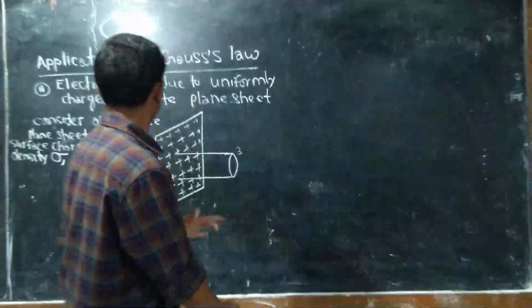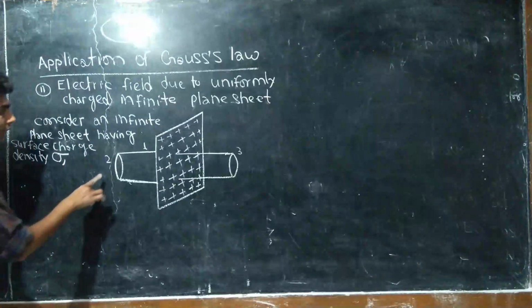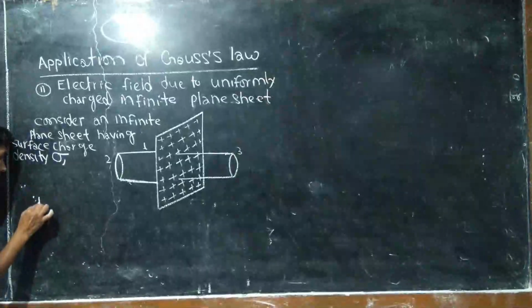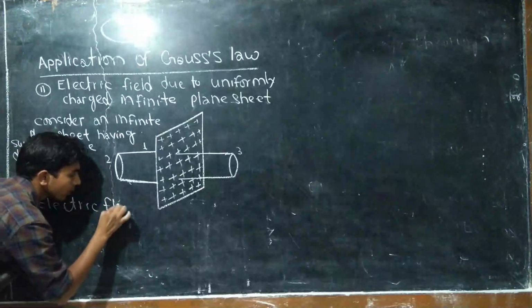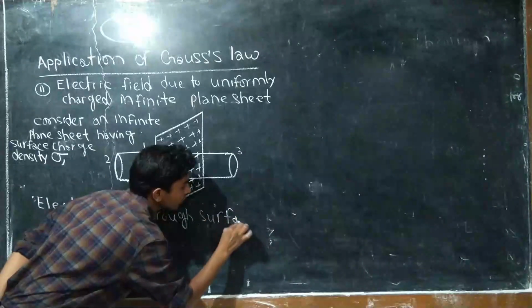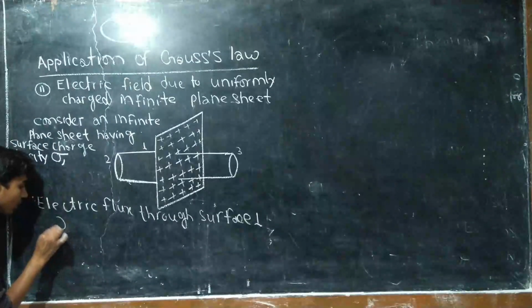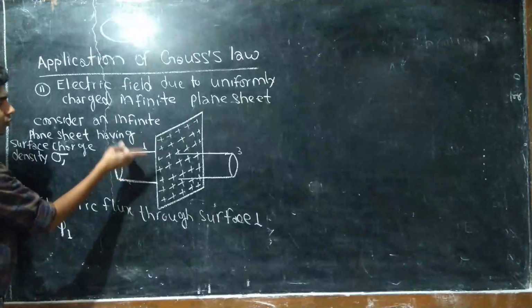Okay. So now I am writing here the electric flux through surface 1, which is phi 1. This is your surface 1.